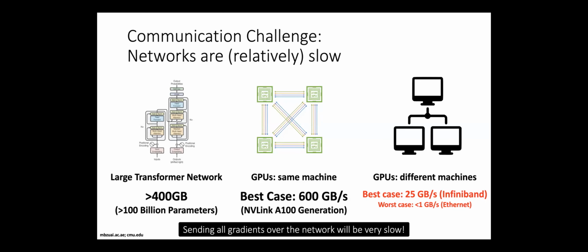H100s might be a little bit better than this, but the instant you go between two machines, in the best case scenario, you will maybe have a hardware setup where every GPU is pinned to one InfiniBand port, InfiniBand being basically NVIDIA's preferred adapter for their DGX class machines. That InfiniBand adapter has 200 gigabits per second, which is 25 gigabytes per second. You can see that's more than 20 times less than point-to-point transfers in a single machine.